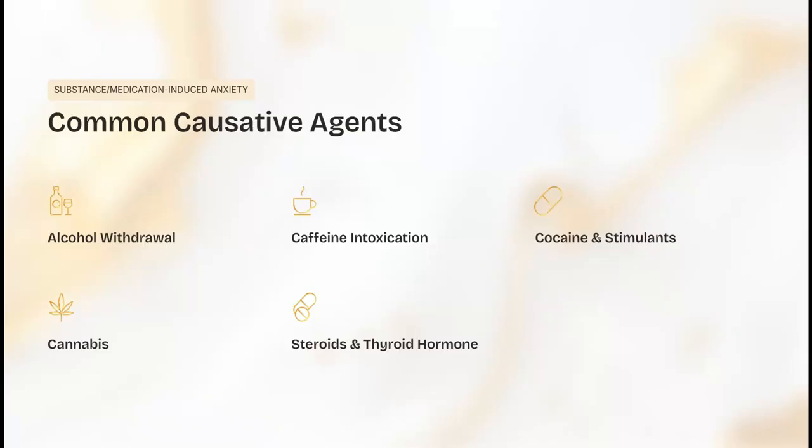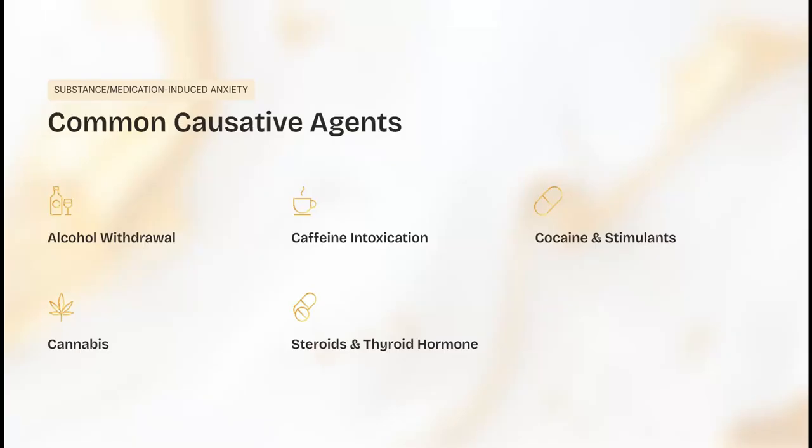Caffeine intoxication. High doses can produce restlessness, nervousness, insomnia, and palpitations that mimic panic attacks. Cocaine and other stimulants, the sympathomimetic effects like tachycardia and hyperarousal directly induce panic-like states during intoxication, with anxiety often persisting into withdrawal.